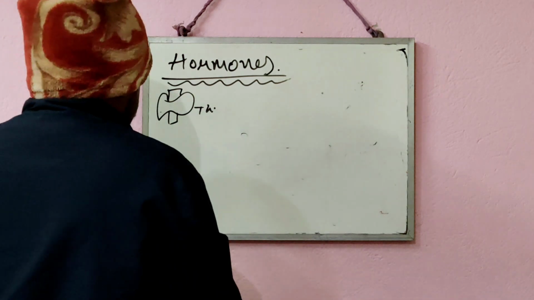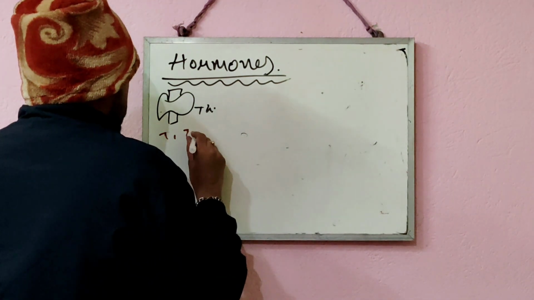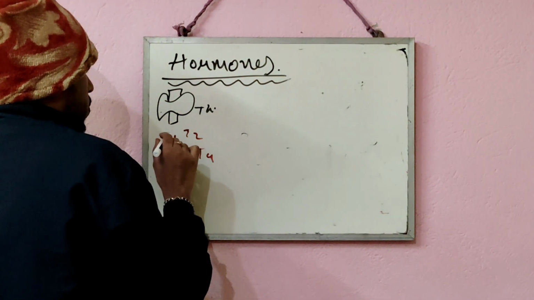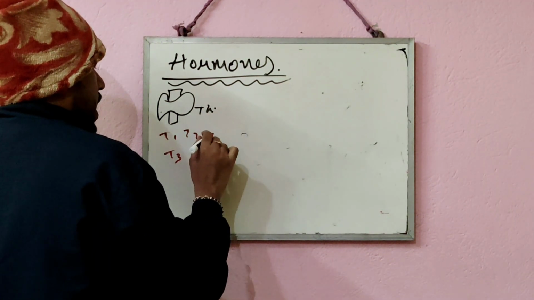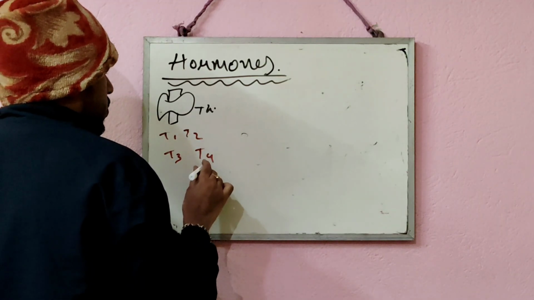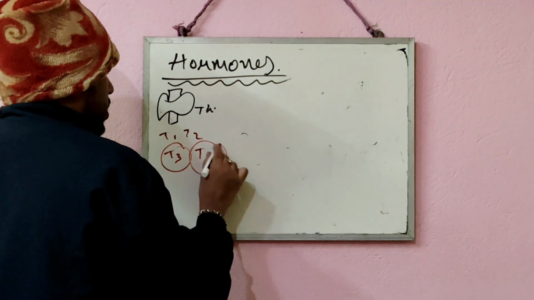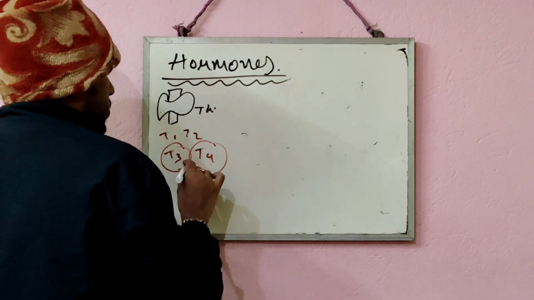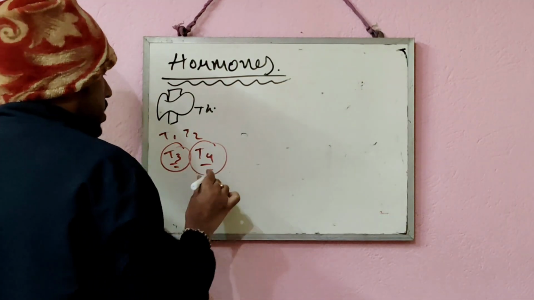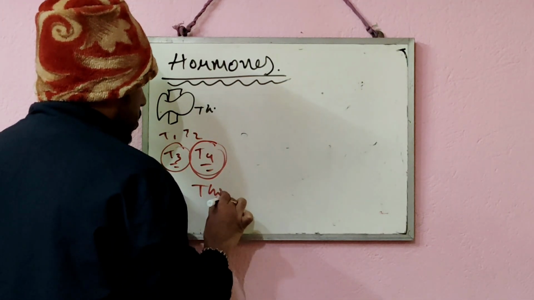They are generally named T1, T2, T3 and T4. They mean monoiodothyronine, diiodothyronine, triiodothyronine and tetraiodothyronine. The most important are T3 and T4, that is the tri and the tetra part, and the tetra one is also called thyroxine.